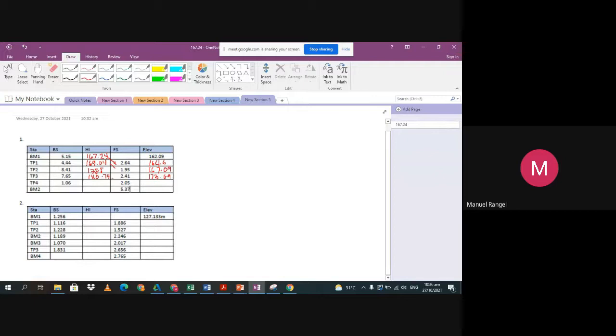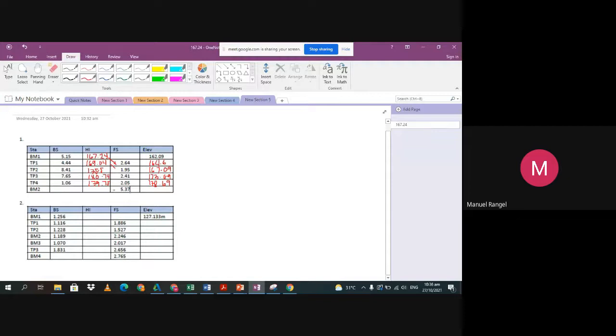Okay, then the elevation at TP4 minus 2.05, 178. Kindly correct me kung naay mali sa akong computation. Then HI at TP4 plus 1.06, that is 179.75.